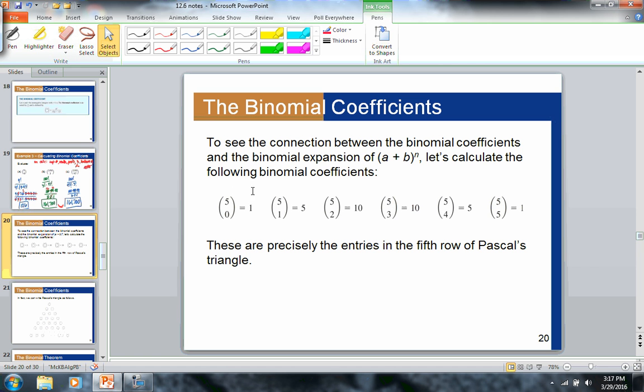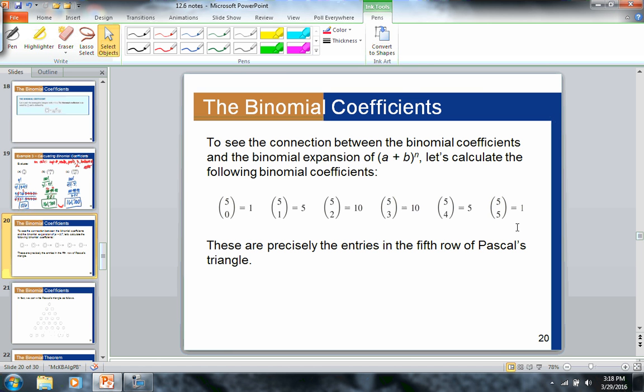So we'd have 10, 9, 8, 7, and so on. And then the bottom we would have 0, 1, 2, 3, 4, 5, and so on. So the last number should line up, and the beginning will have the 5 and the 0, or the 10 and the 0, or whatever. So these numbers, when we evaluate them, give us 1, 5, 10, 10, 5, and 1.